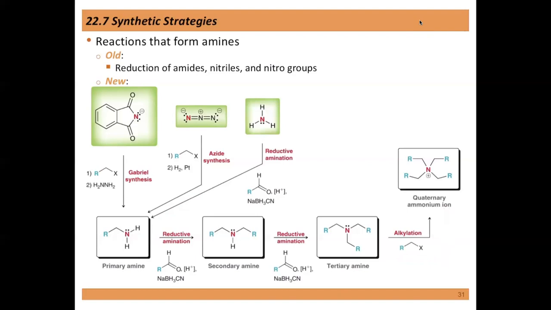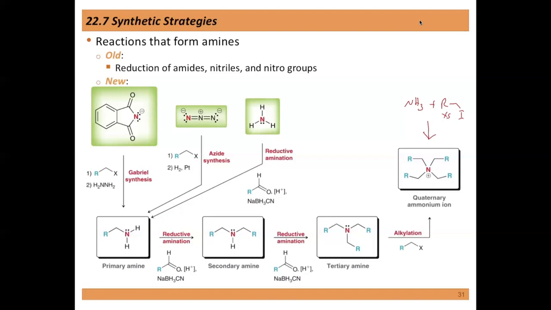There's a quicker way to do that alkylation reaction, and that's simply just to take ammonia plus an excess of the alkyl halide. And that would add, and you would end up getting a quaternary ammonium ion out of that.